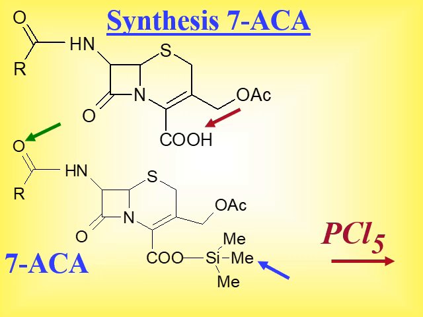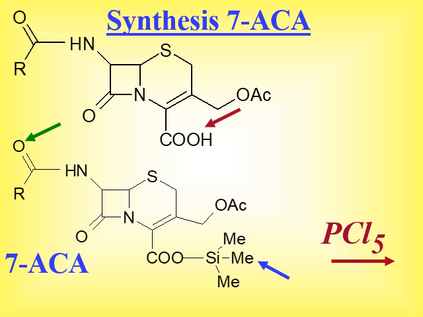We start the synthesis from cephalosporin C. In cephalosporin C, we will protect the carboxylic group at position 4 by trimethylsilane. As we see here, the trimethylsilane will be attached to the carboxylic group.